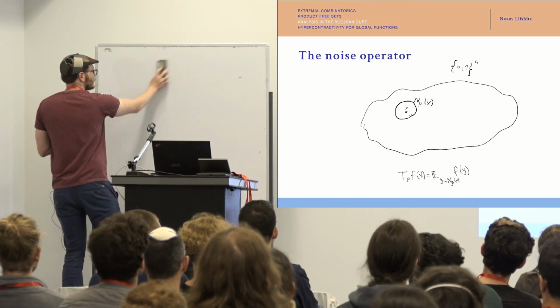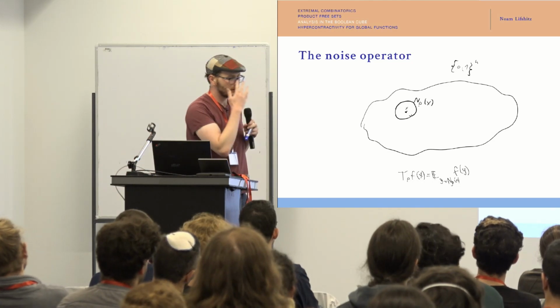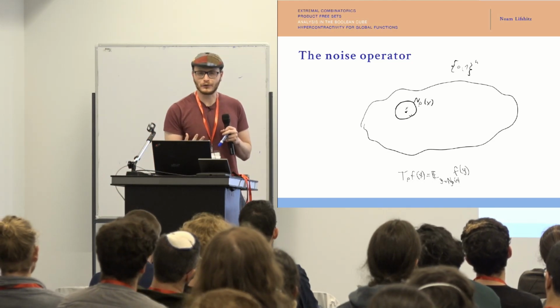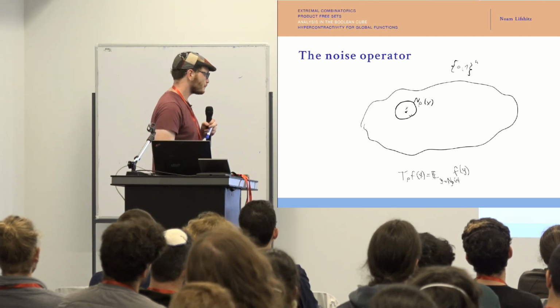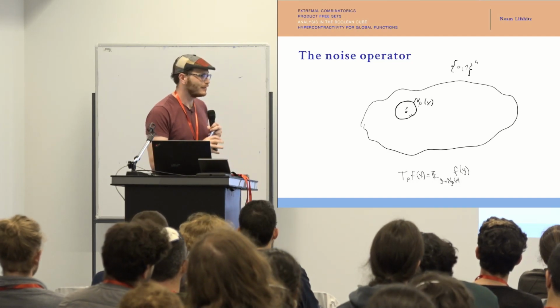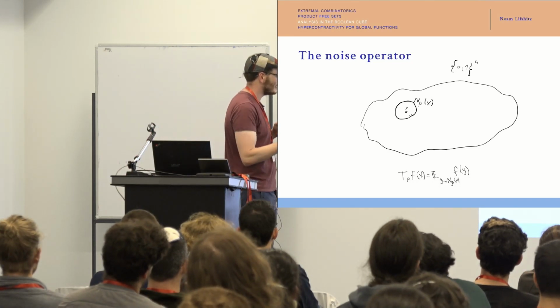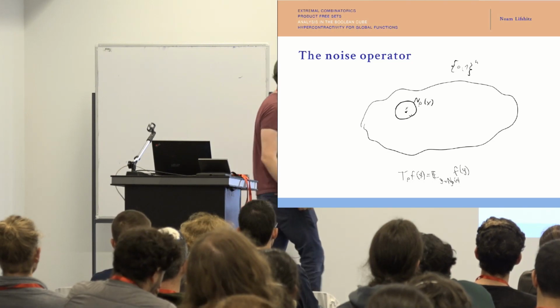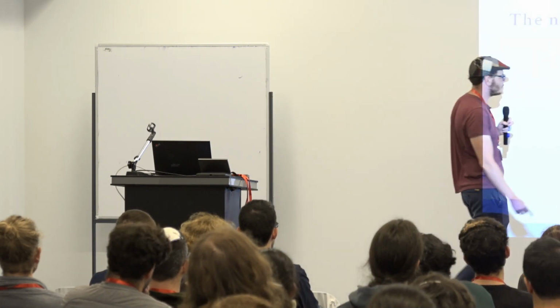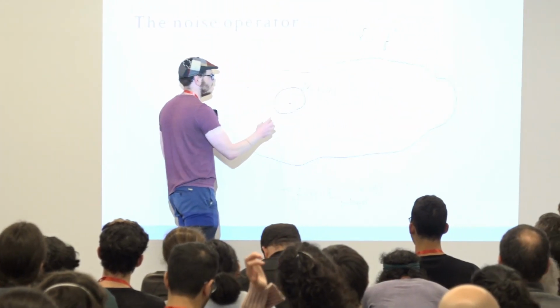Okay, so I don't assume that you know what hypercontractivity is. I'm now going to explain what it is. It's about a noise operator on the Boolean cube. You can imagine the Boolean cube as this paddle, and you have this smoothing operator that takes a vertex in the cube and averages over a small set near x.